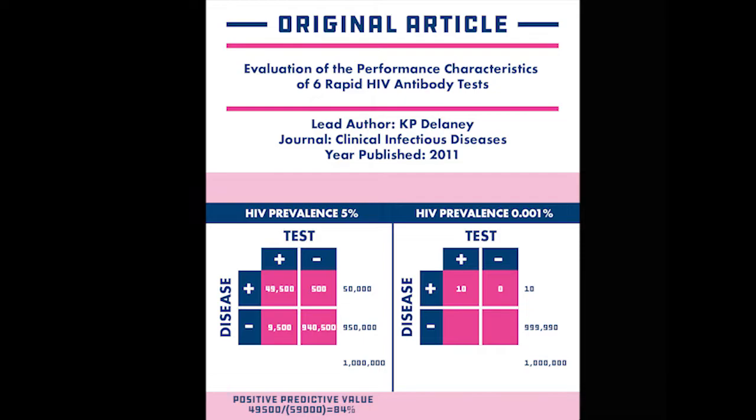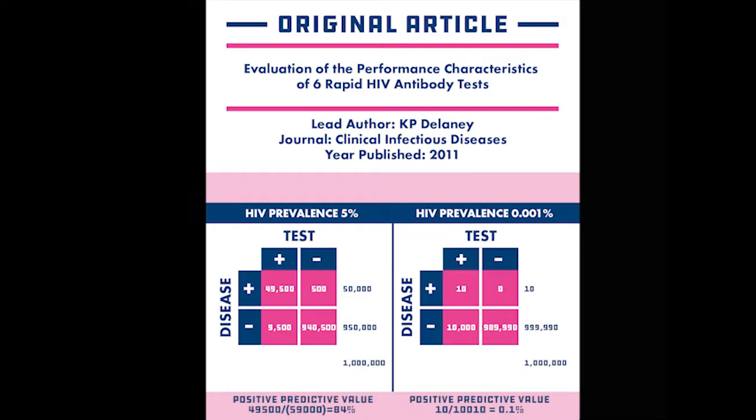My test is also 99% specific, which means we're going to have 989,990 true negatives, so we're good, we're not worried about them, but we're not perfect. We're going to have 10,000, the difference there, 10,000 false positives. Well, now, look, we've got 10,010 people who tested positive, of whom only 10 actually have HIV.